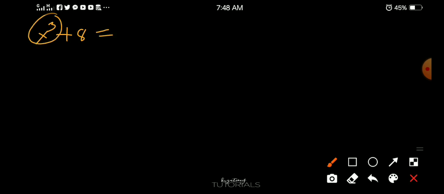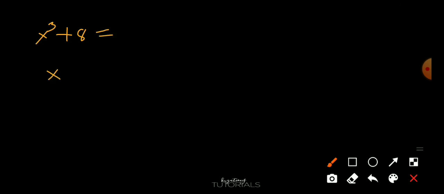Okay, so second example, we have x cubed plus 8. So first, ato extra kanong cube root. Ang cube root ni x cubed, this is x, di ba? So, x din copy plus.